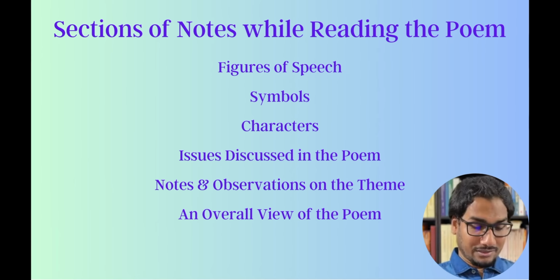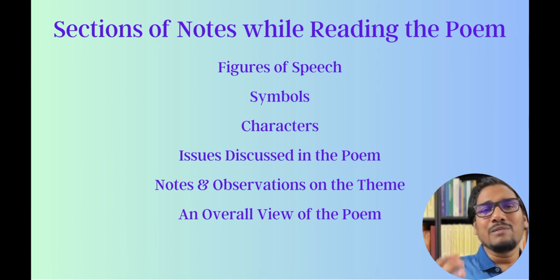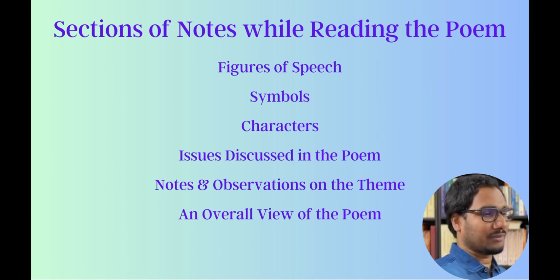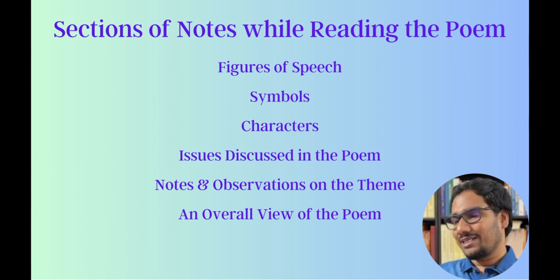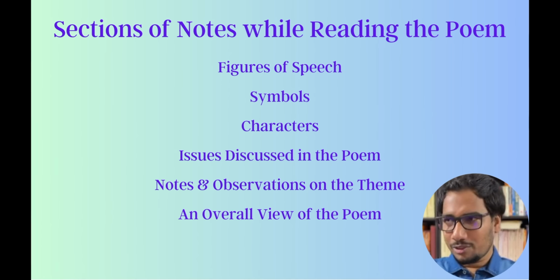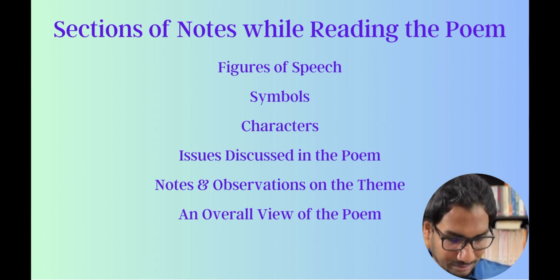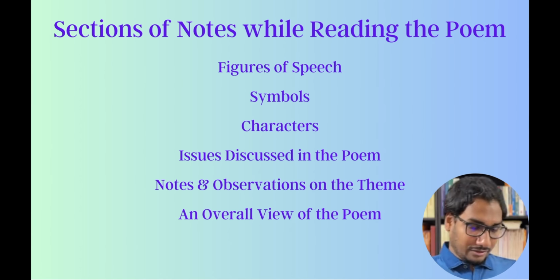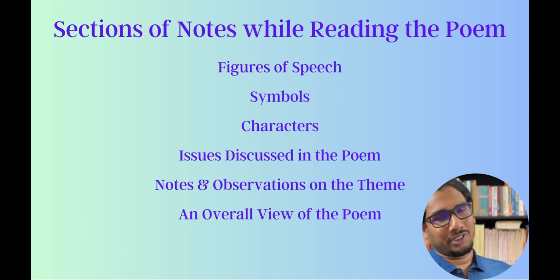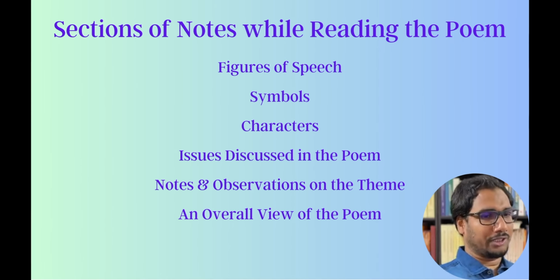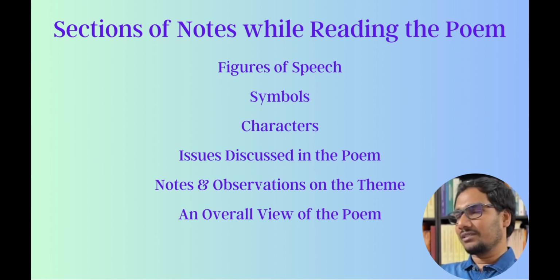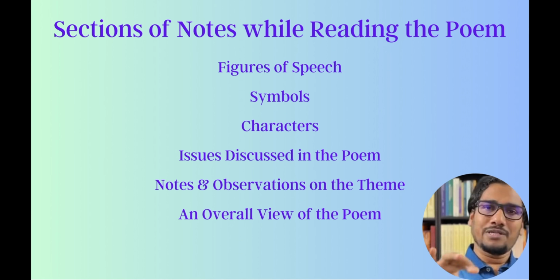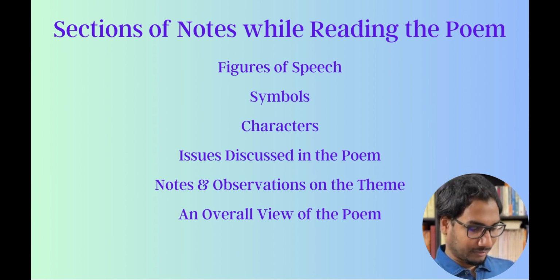Fourth is issues discussed. Now this is, what is the theme of the poem? What is the nature of the poem? What are the subjects that a poem talks about or the poet indirectly talks about? So all these things will be put in the issues section. The fifth is notes on the theme. Now these are your notes on the theme, or if you study further, other critics', other poets' notes on the theme of the poem.